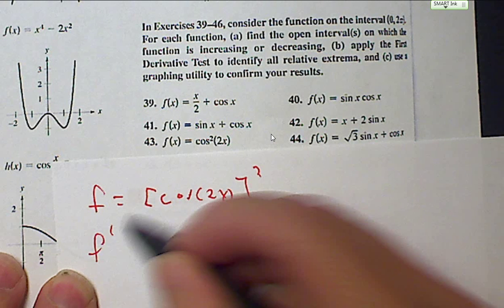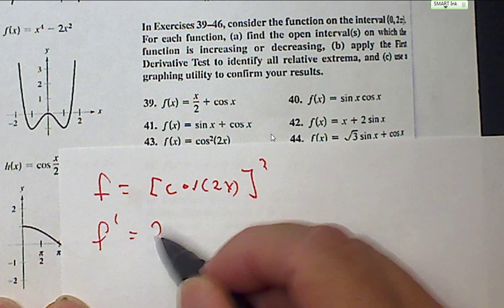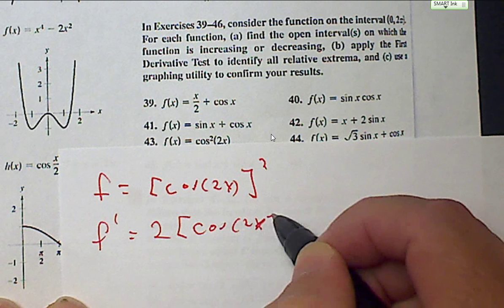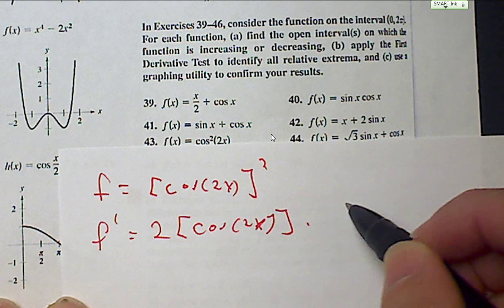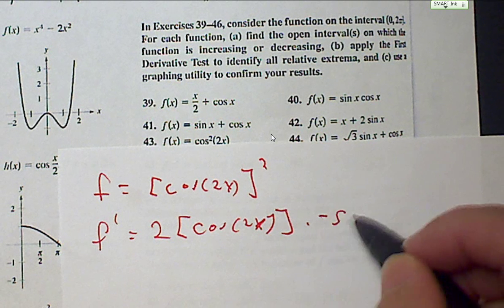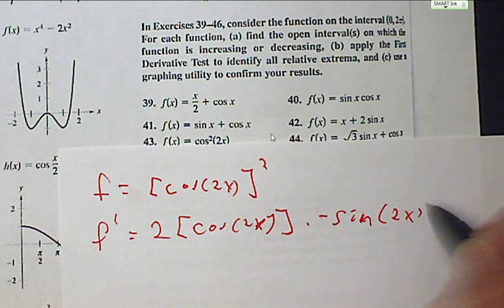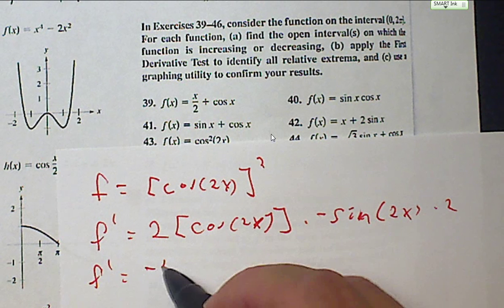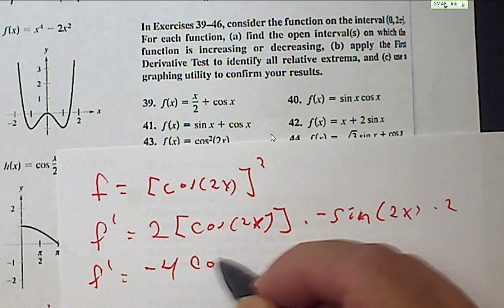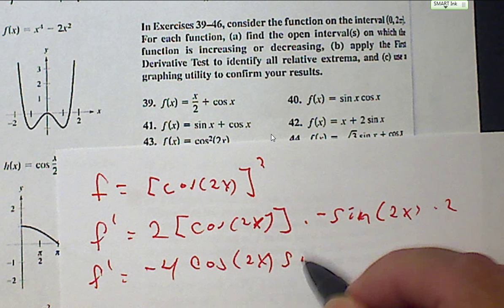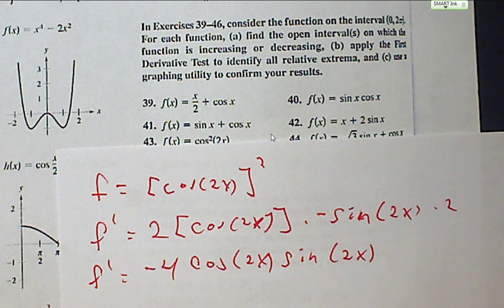So f prime is 2 cosine of 2x times, anybody? Negative sine 2x times 2. So f prime is negative 4 cosine 2x sine of 2x. So far so good?